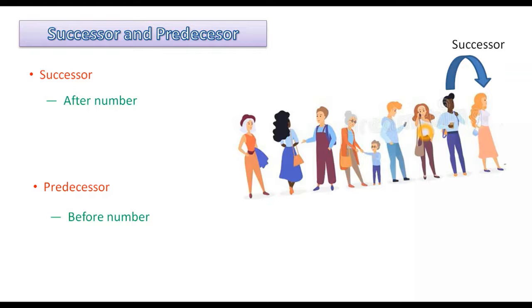So this boy wearing blue pants is the predecessor of this lady, right? So this boy is the successor of this lady, and the boy himself is the predecessor of this other lady, because he comes before her, but he comes after the first lady. So for one lady he is the successor, and for the other he is the predecessor, right?